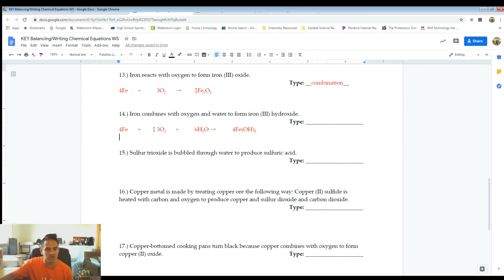If it was like 4, 4, 6, 4, we could divide a 2 from everything. But we can't simplify this down any further, so this is our balanced equation. I know that one is a little bit tricky, but we got there. And as for reaction type, this is also a combination reaction. We have multiple reactants in this case, making one product.